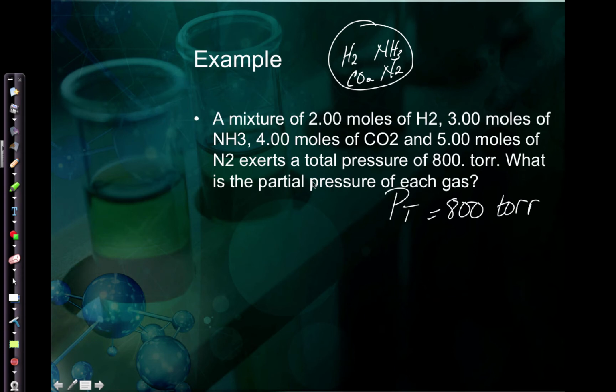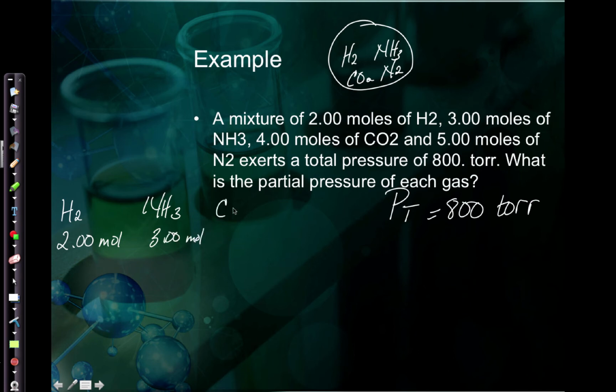So really what I need to do is find the percentage of each gas. I was given an amount of moles for each one, so I can find the percentage with the moles. My hydrogen gas, I have 2 moles. For my ammonia, which is 3 moles.